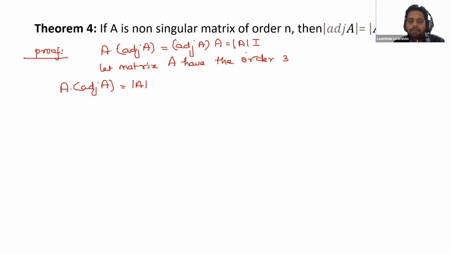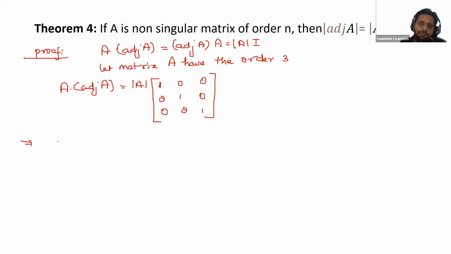Okay, now if the matrix A has the order 3, then this identity matrix should also have the order 3. So the identity is 1 0 0, 0 1 0, and 0 0 1. If you multiply this determinant with this matrix, what you will get, A into adjoint of A is equal to, you will multiply this determinant with all the elements.